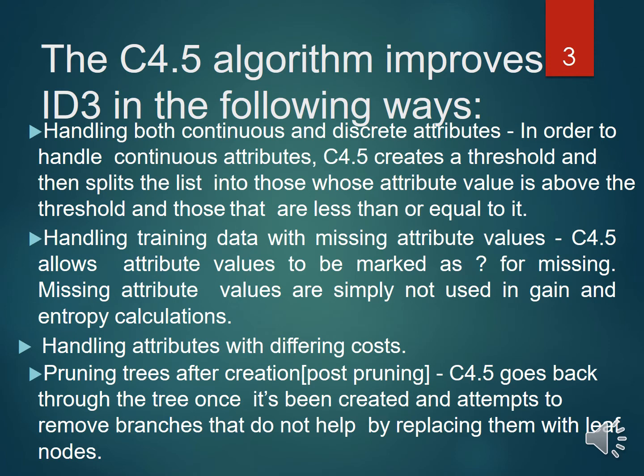Now, in handling missing data, C4.5 is better than the ID3 algorithm. For training data with missing attribute values, C4.5 allows an attribute value to be marked as a question mark for missing. Missing attribute values are simply not used in gain and entropy calculation.